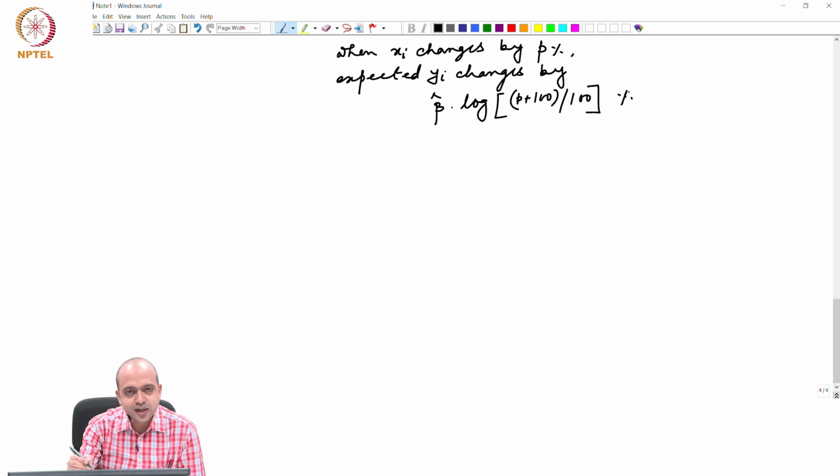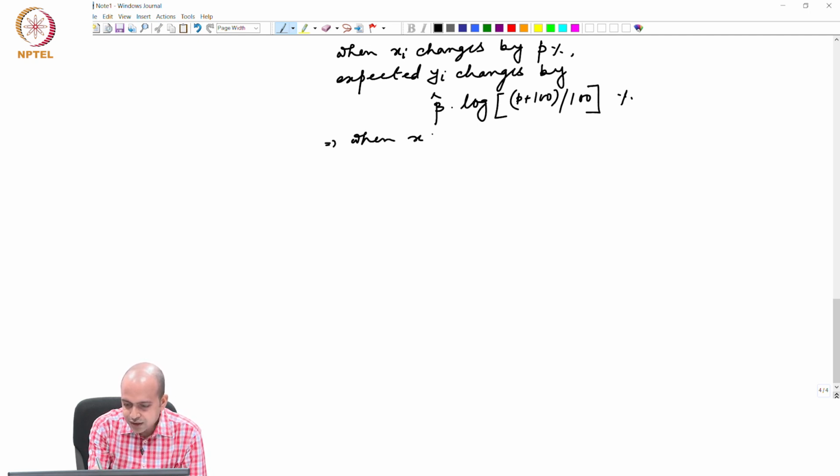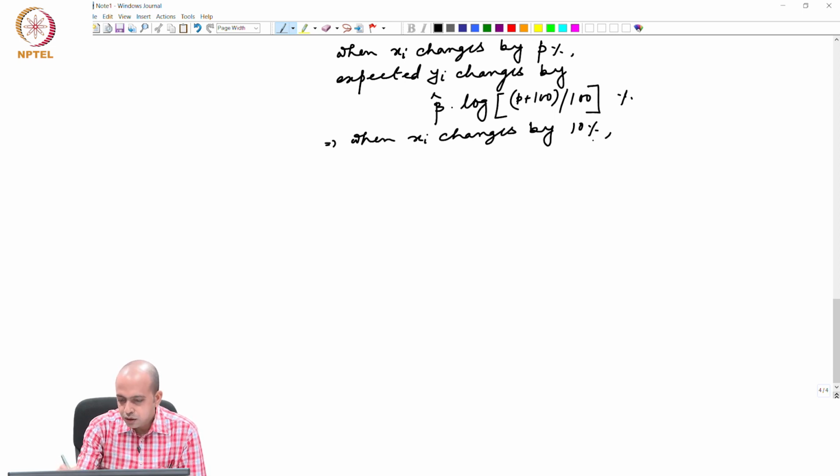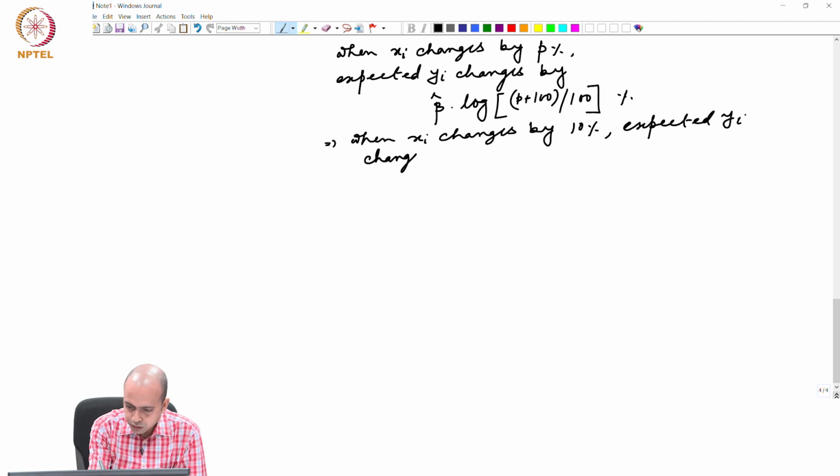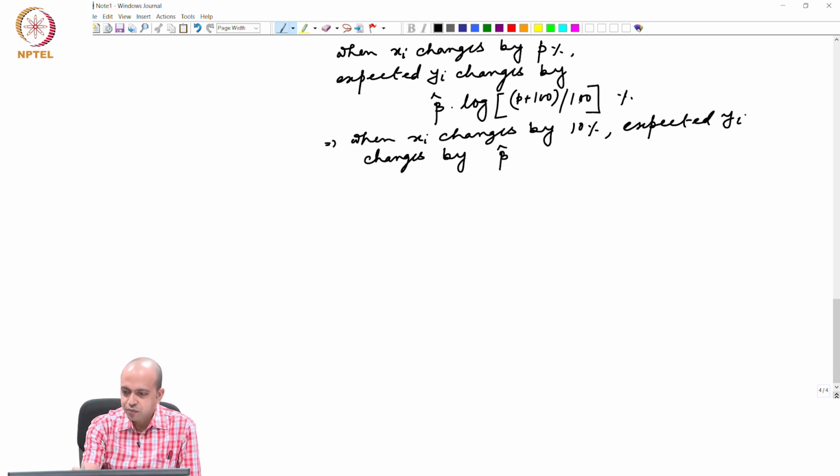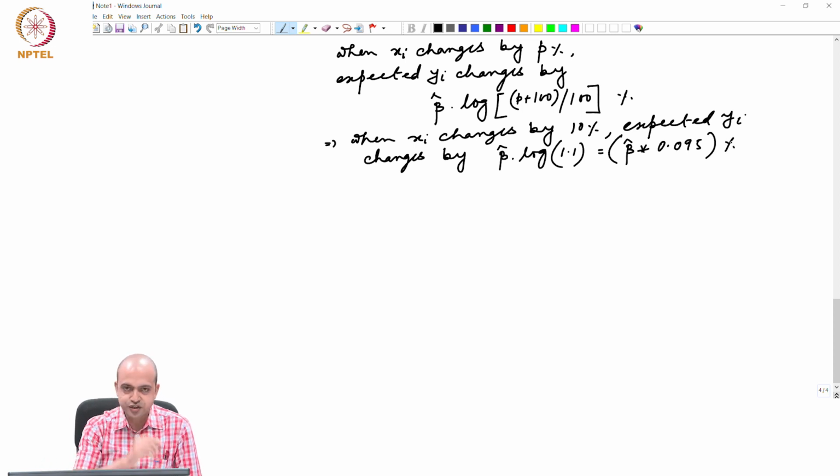Let us say p is 10, a 10% change in x. When x changes by 10%, expected yi changes by beta hat into log of 110 by 100, that is, log of 1.1, which equals 0.095.